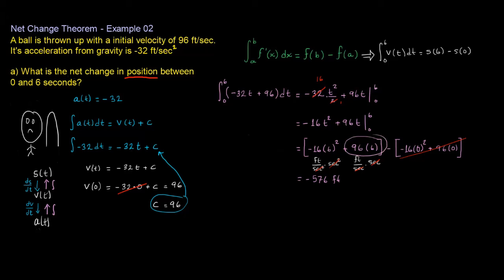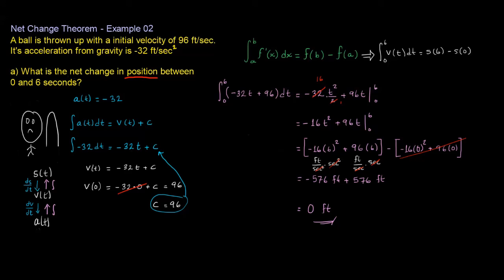Now, this multiplication, 96 times 6, is equal to plus 576 feet as well. So you can see we can cancel out these two, and the result is actually 0 feet. Now, what's the meaning of this?